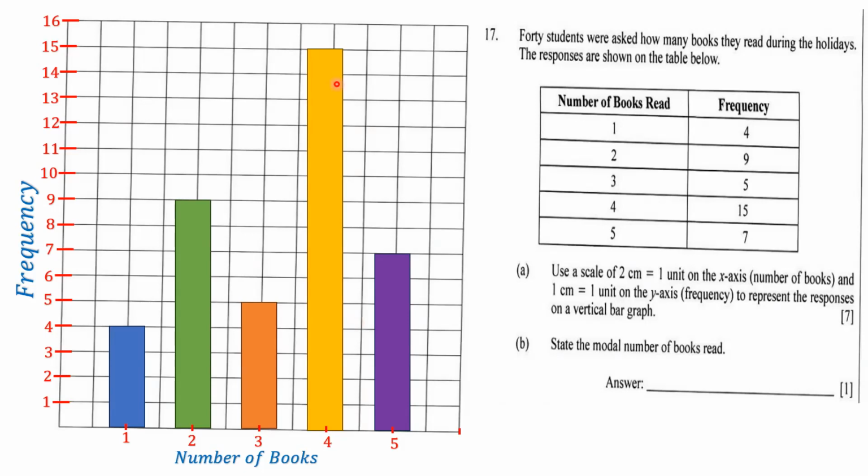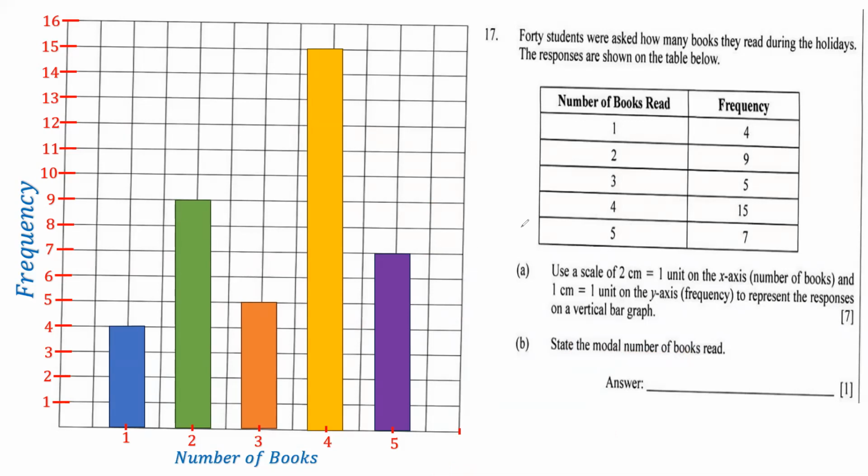The next question says, state the modal number of books read. Now, when we say modal, what does mode mean? It is the data value that occurs the most. So let me write that down for you all. The definition of mode, write this down for me, please.